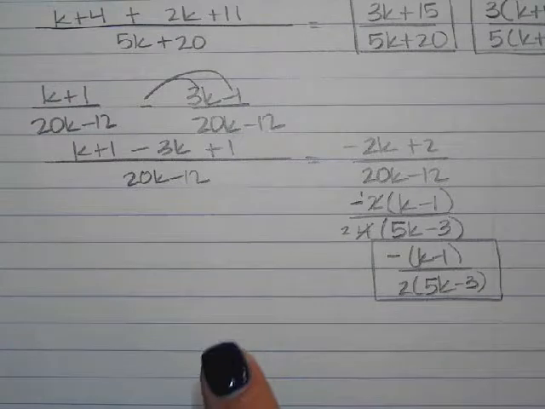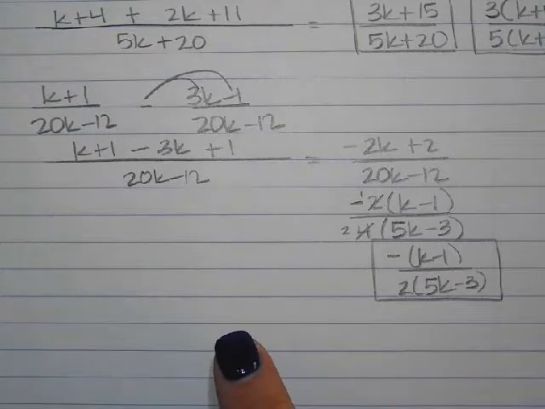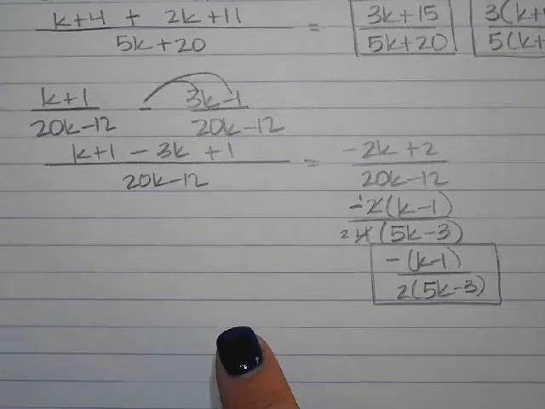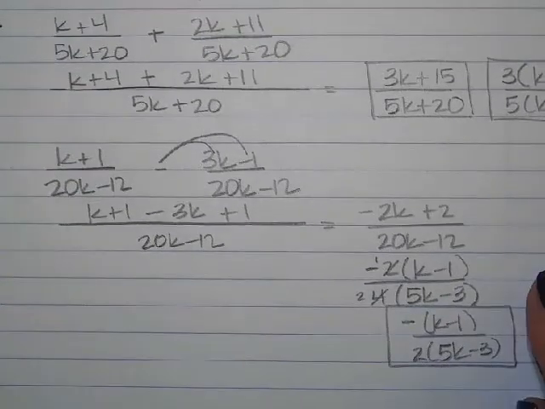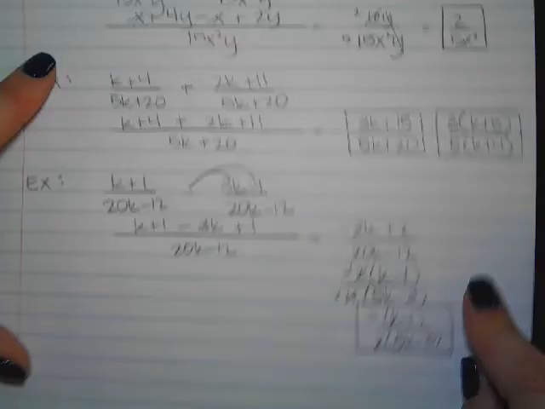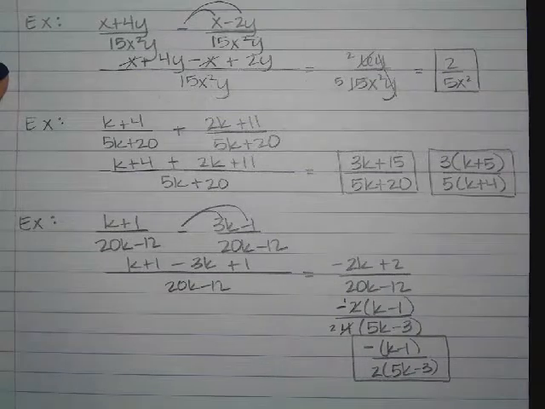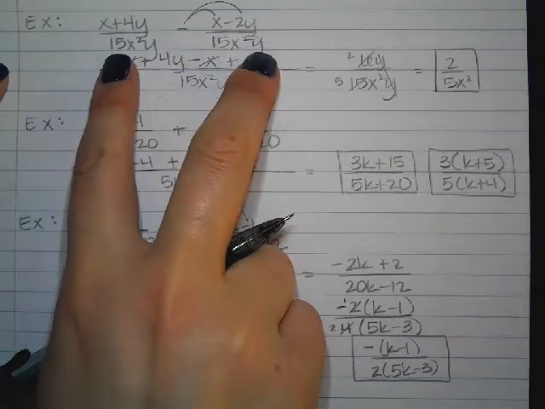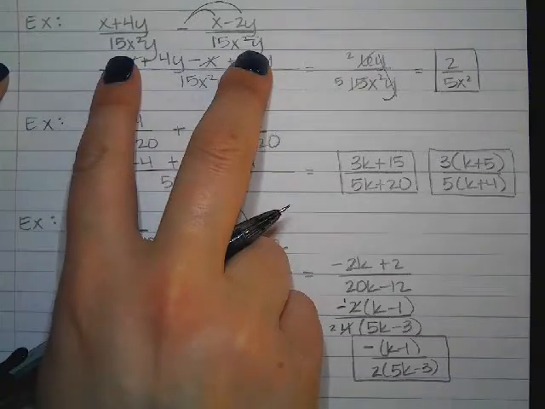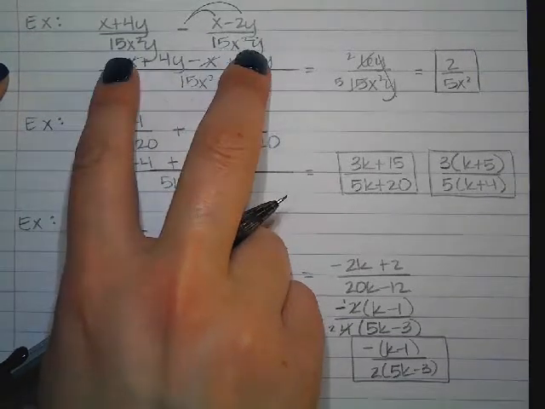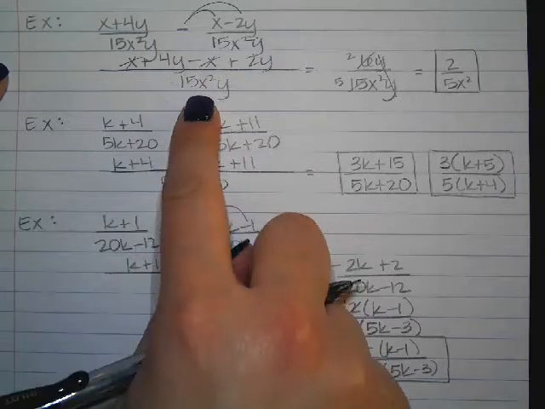So what was the process that we did for these? What did we do first? What did we do after that? First, we took the 2 fractions and wrote them as 1 fraction, right?